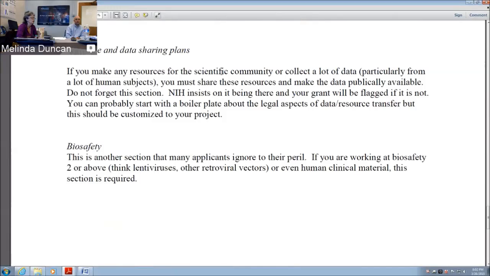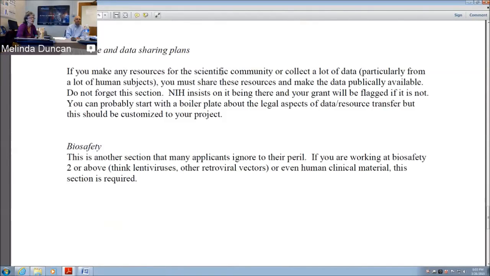And BSL-2 includes human clinical specimens because they always have the potential to be infected with human pathogens. It also includes retroviruses, lentiviruses, a whole host of things that we have to have biosafety plans in place for, and that needs to be explicitly addressed.